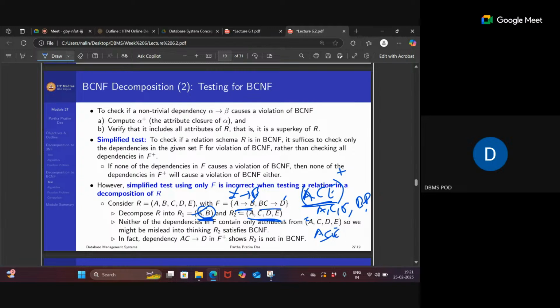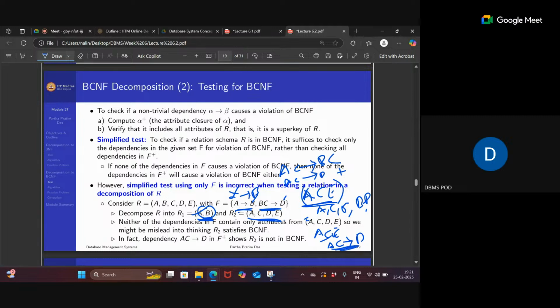If we check the dependency BC determines D, we can write it using ACD also. We can write it as AC determines D: just as A determines B, do augmentation here, AC determines BC, and by the rule of transitivity we get AC determines D also.